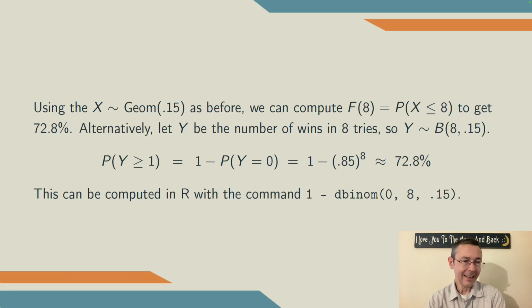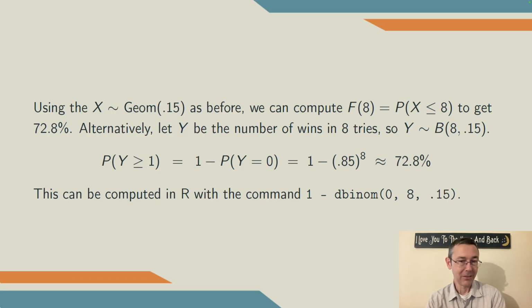I think there's a slightly easier way to do it, however, and that's by using the binomial distribution. Let's let y be the number of wins in 8 tries, so that has a binomial distribution: the number of successes in a sequence of trials that are identical and independent with the same probability of success. We need the probability that we get at least one success, and that's 1 minus the probability of getting no successes.